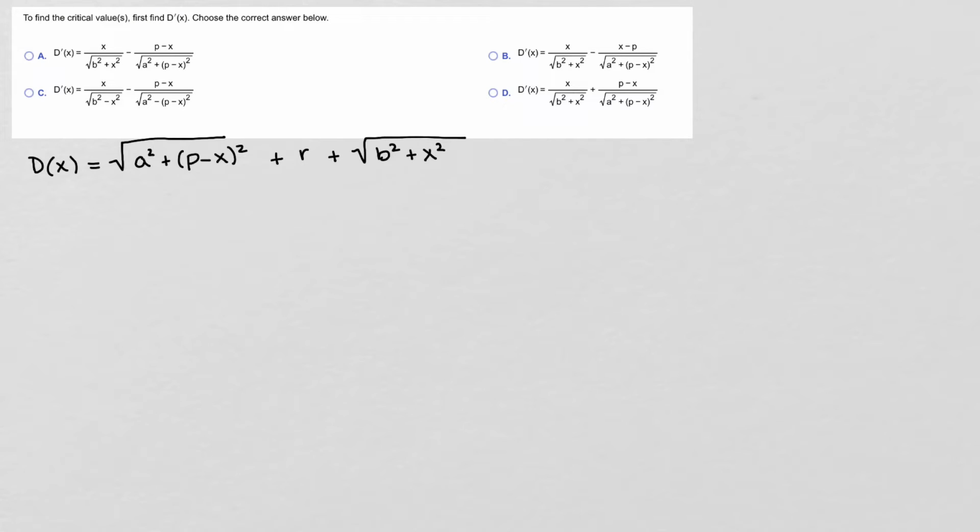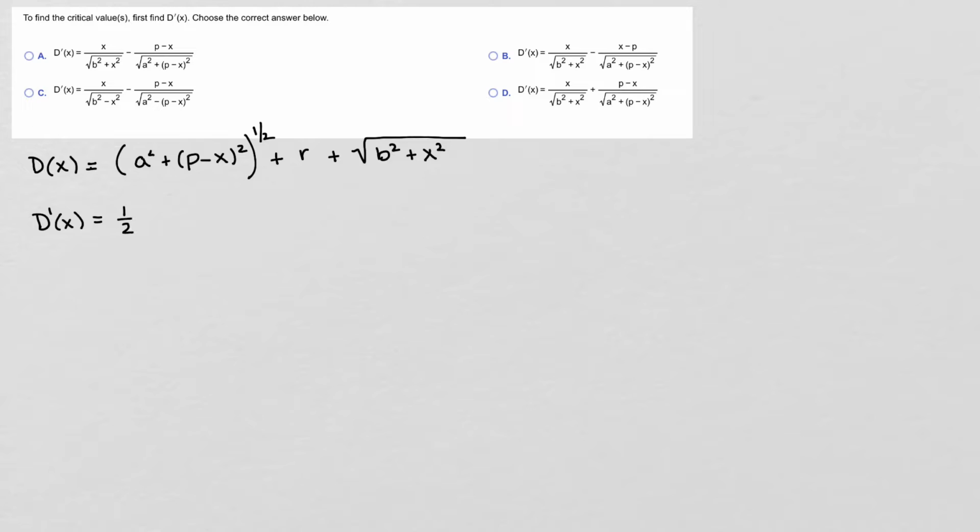Okay, now we want to minimize D of X, and so it asks us to find the derivative, D prime of X. So I've written down D of X. I want to calculate D prime. I can actually just make all of this raised to the 1/2 power.